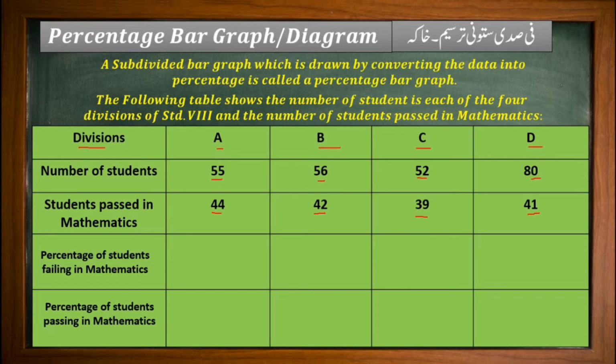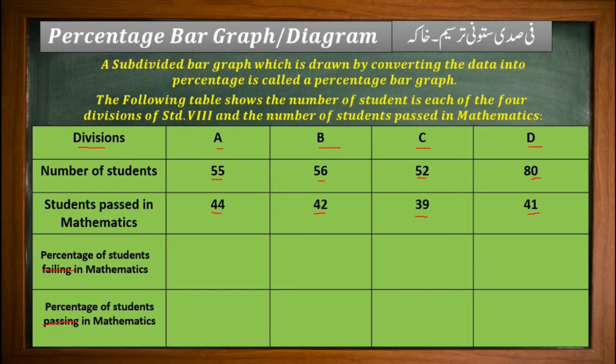So here we are supposed to make out the two parts of it. First we are going to analyze the percentage of students passing in mathematics. First we'll see the passing, and then we'll observe the failing percent.